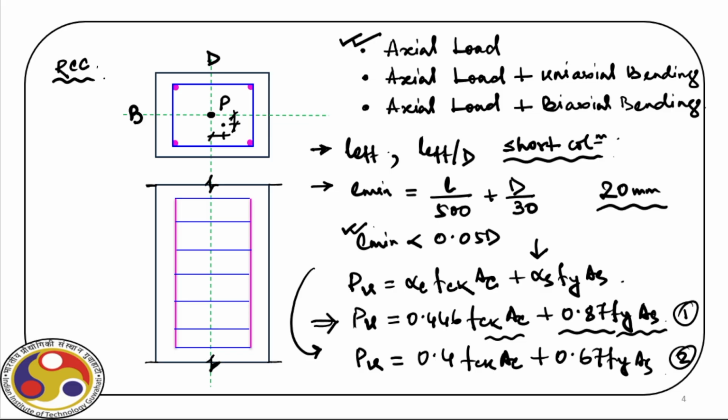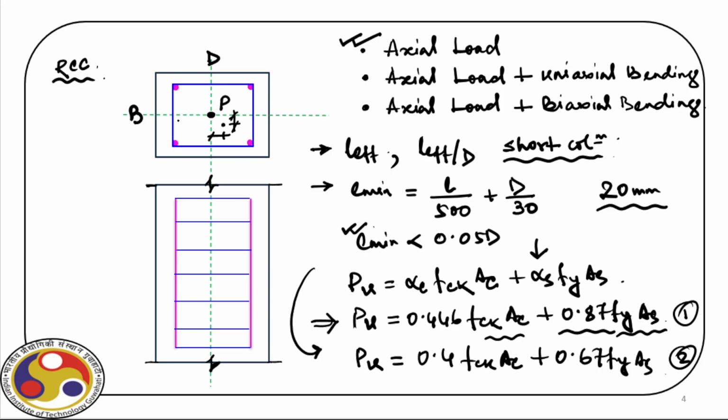So let us take an example and see how we can design these columns. Once we design, we need to provide a minimum number of bars. For a rectangular section, we have to have 4 bars, as you can see in this schematic diagram, and for a circular cross section, we have to provide at least 6 bars.